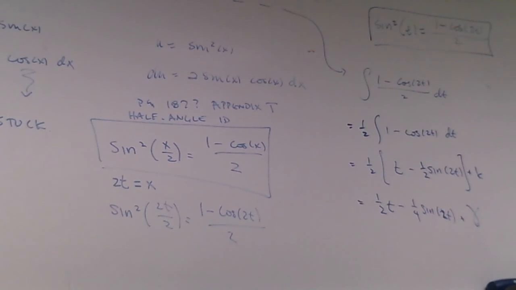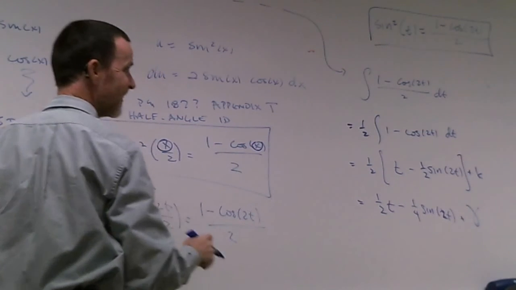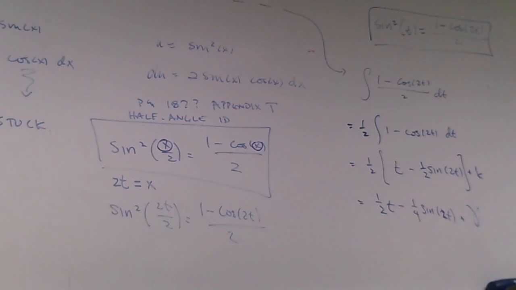It's not just x, it's x over 2 that the identity is. Yeah, okay. So sine squared of x over 2 plus cosine squared of x over 2 has to be 1 also, because this is true for any value that you put in here. Okay. So the identity is over 2.